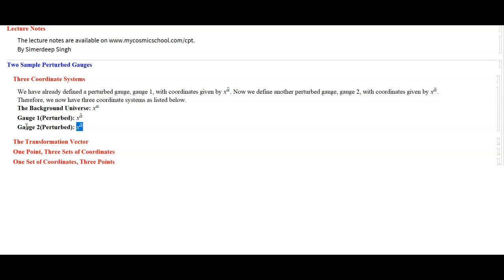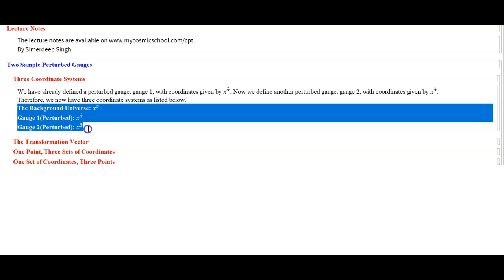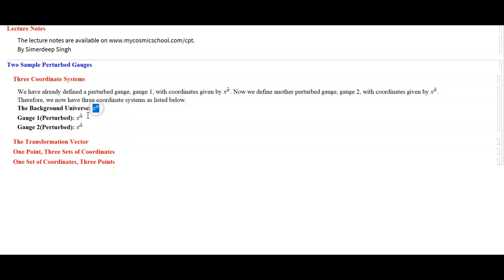The coordinate values are the same, but because the coordinate system is different, the points will be different. So if I assign the same value to these coordinates, then we have three different points.